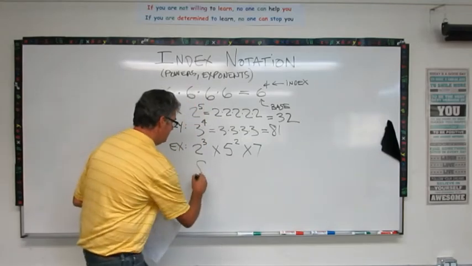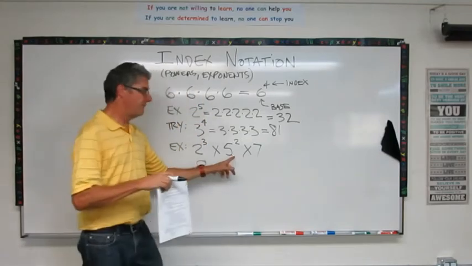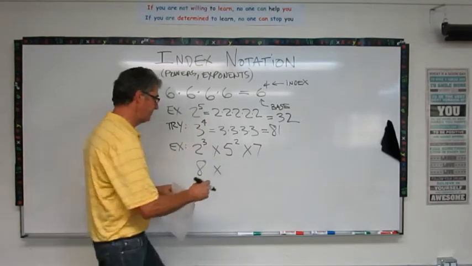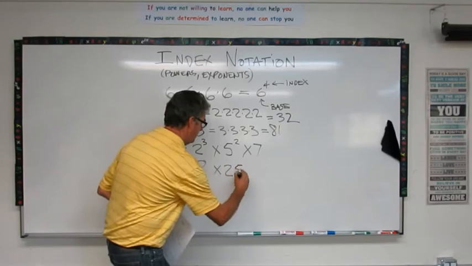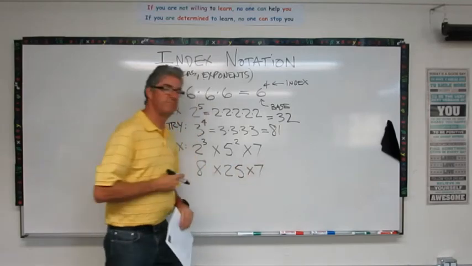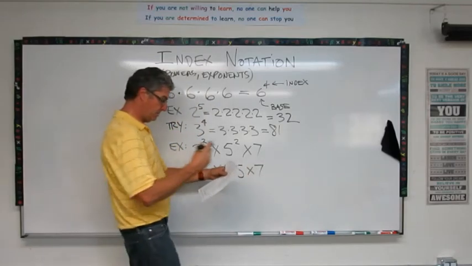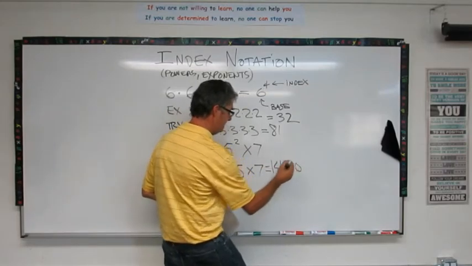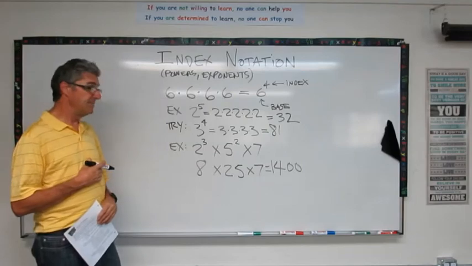So that's 8 times 5 to the 2 is just 5 times 5, 25, times 7. And what does that give us? 1,400. Okay? Let me give you one to try.